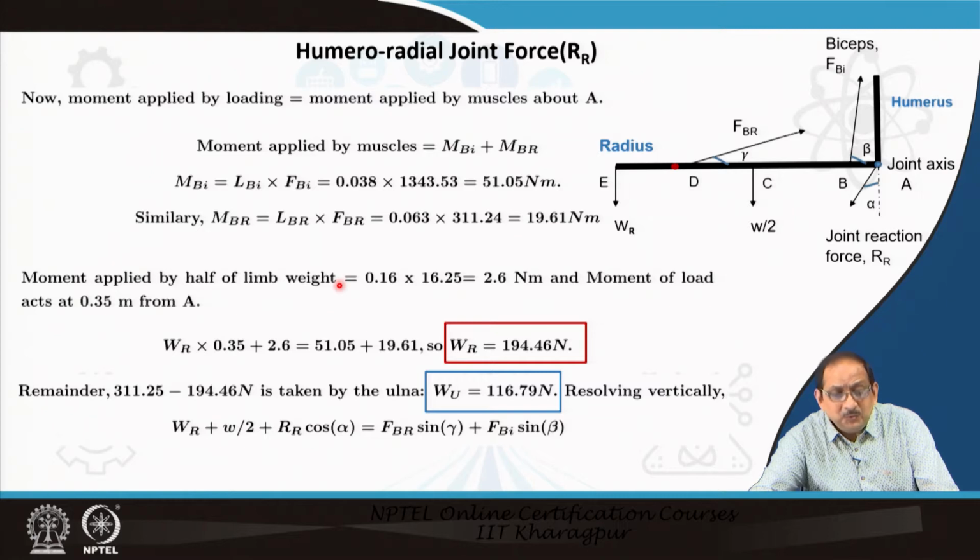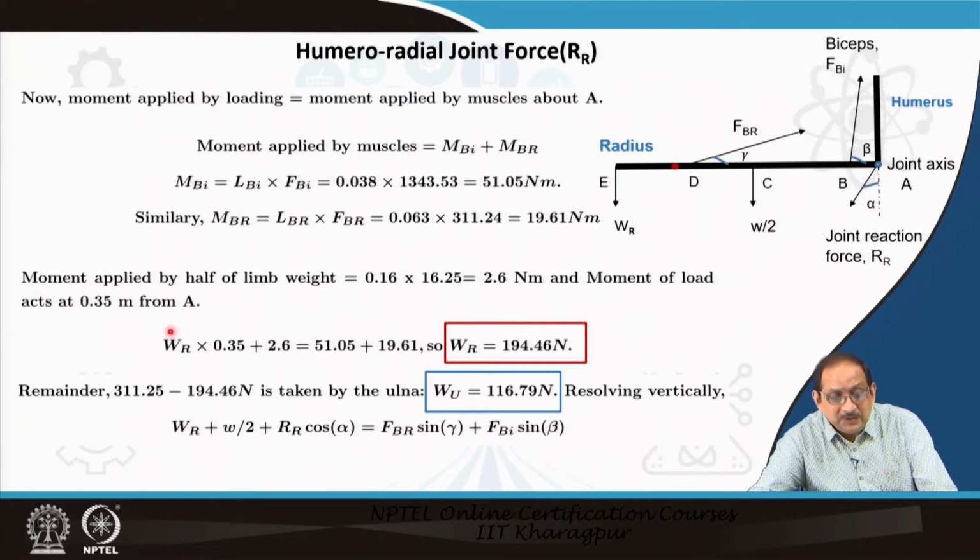Now, let us come to the moment created by the limb weight and the weight carried by the radius. At this moment we do not know the amount of weight carried by the radius.